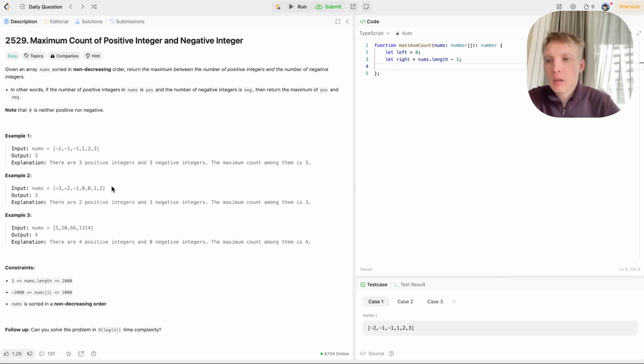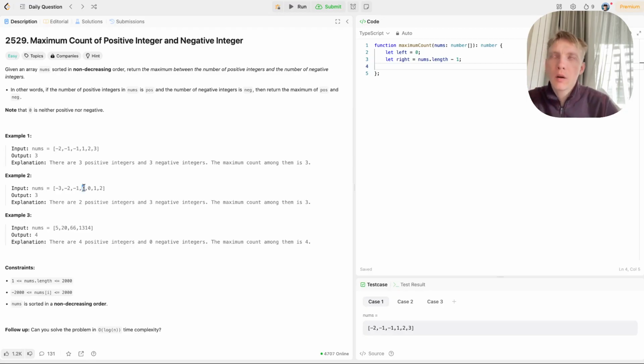We can do this thing. We can look for the first 0 for the last negative integer. But while we are observing it, we will try to find the last index of a non-positive integer that would be presented, and after that we can start from it.